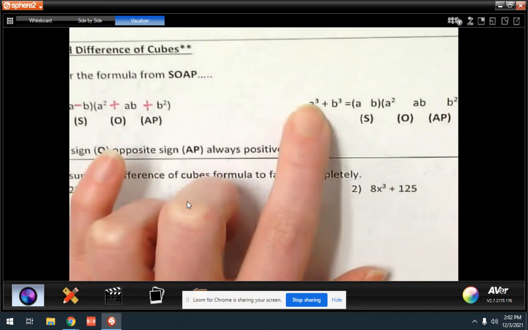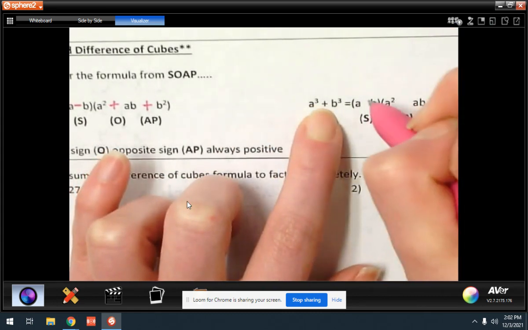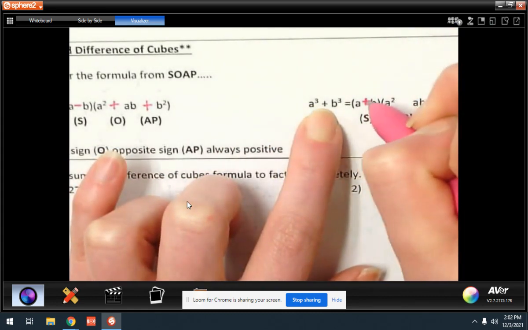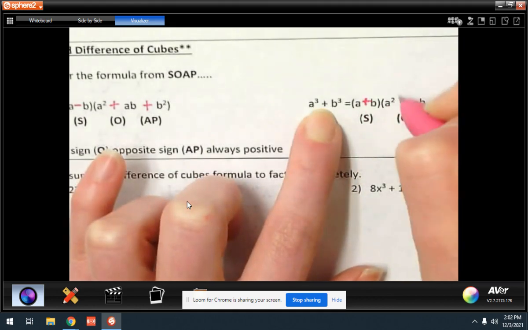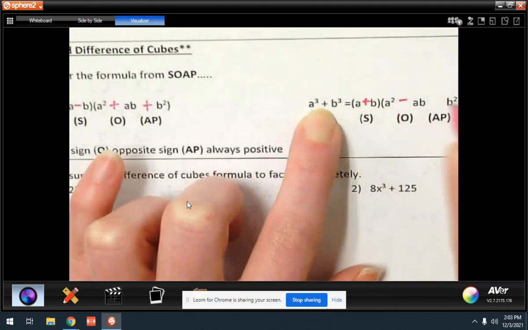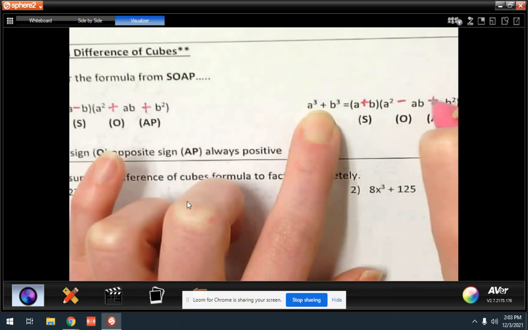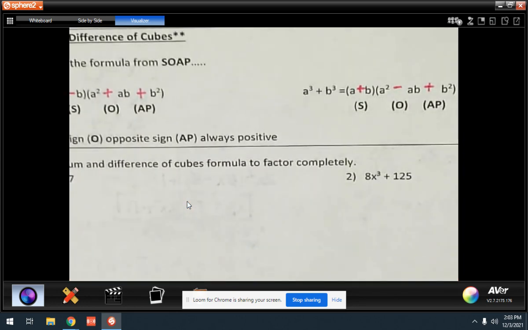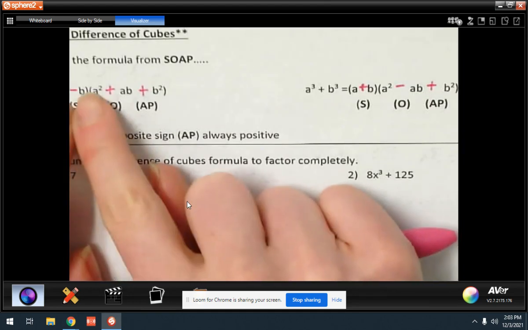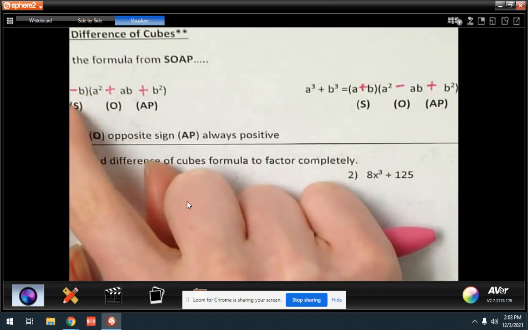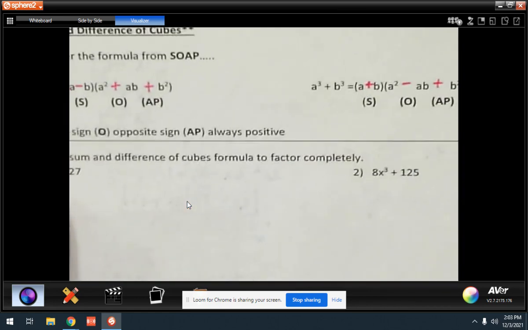If you're working with a sum, same would be plus, opposite would be minus, always positive. So SOAP helps you remember which way the signs go. This A and B is the cube root of your originals. So let's just do some examples.